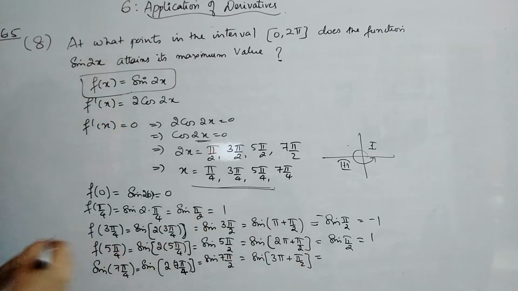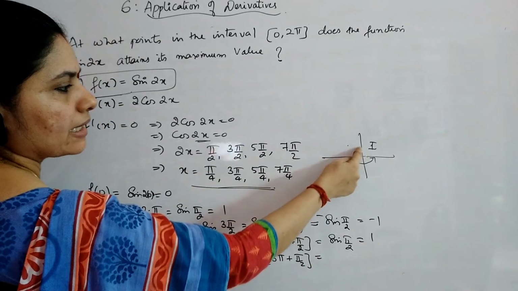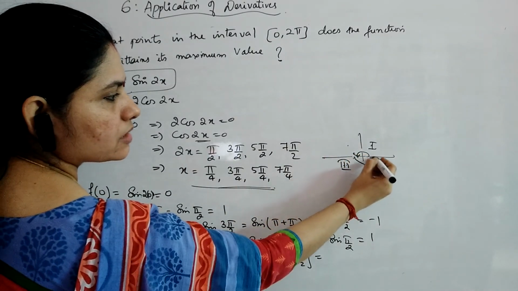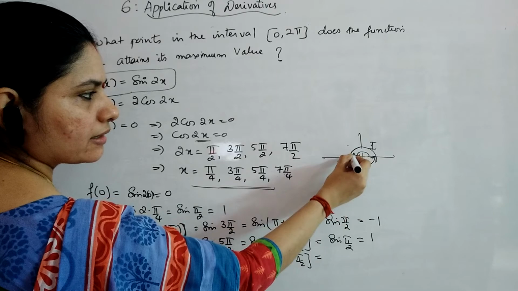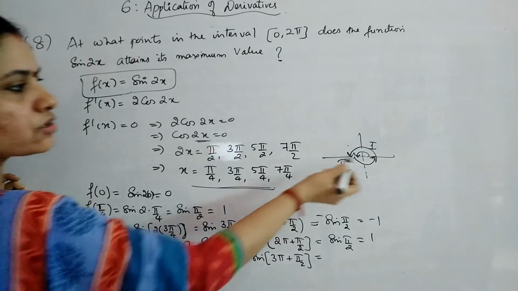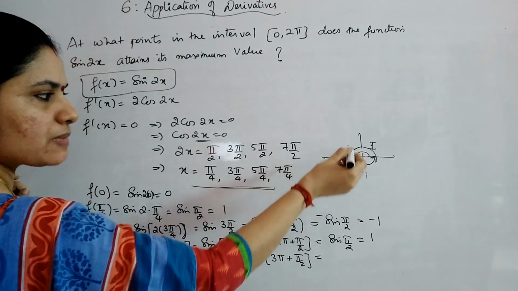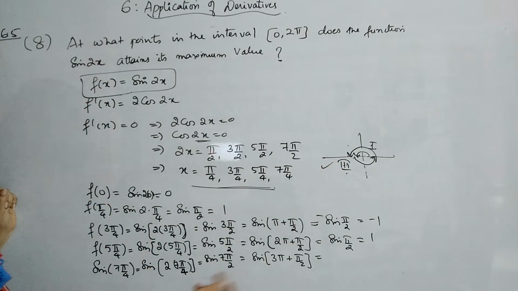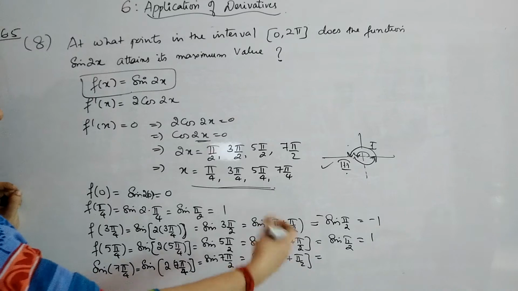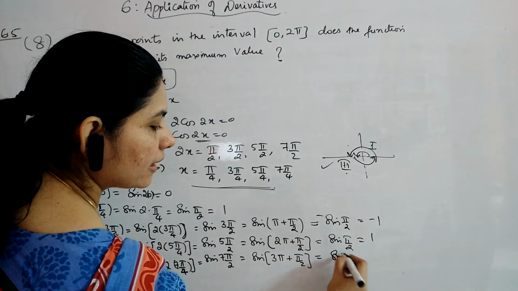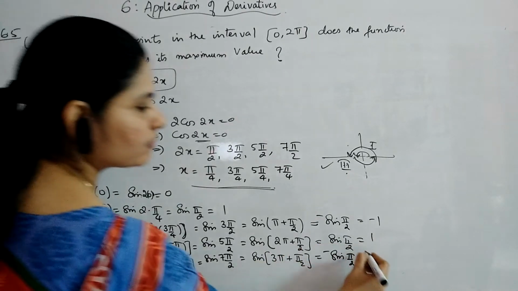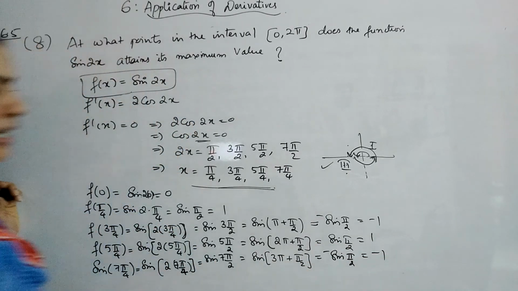This is pi till this point, 2 pi till this point, and 3 pi till this point. So 3 pi plus pi by 2 means it is again in the third quadrant. 3 pi plus a quantity is in the third quadrant, so you have to take the sine function with a negative sign. So it is negative sine pi by 2, which will give you again minus 1.